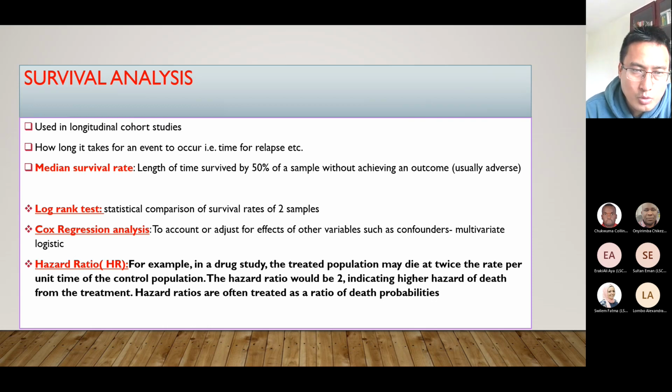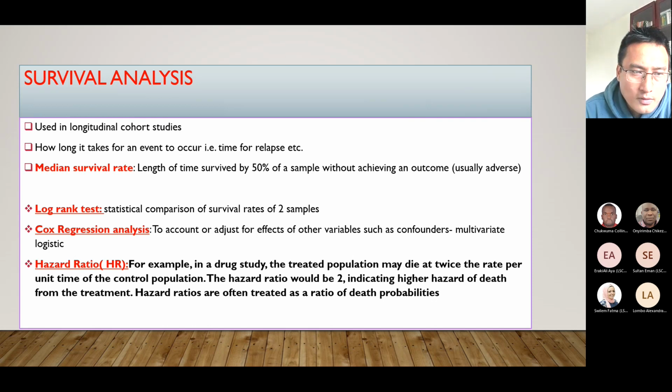In survival analysis, we try to follow the exposure till the outcome happens. As I said before, sometimes we cannot wait for years and years. So we create something called the median survival rate. That is the length of time survived by 50% of a sample without achieving the outcome. So we make a hypothetical endpoint that is known as the median survival rate.